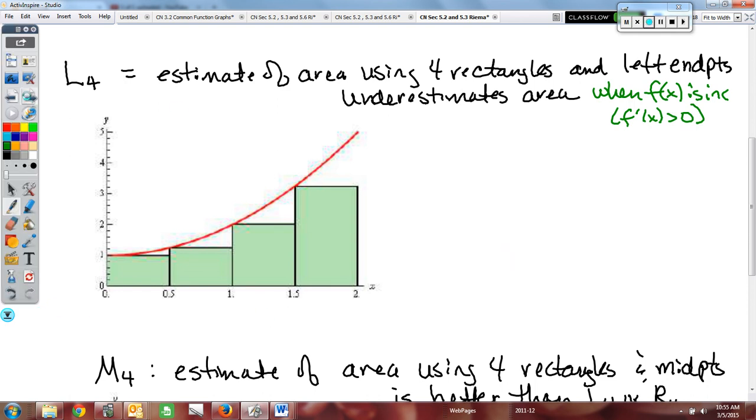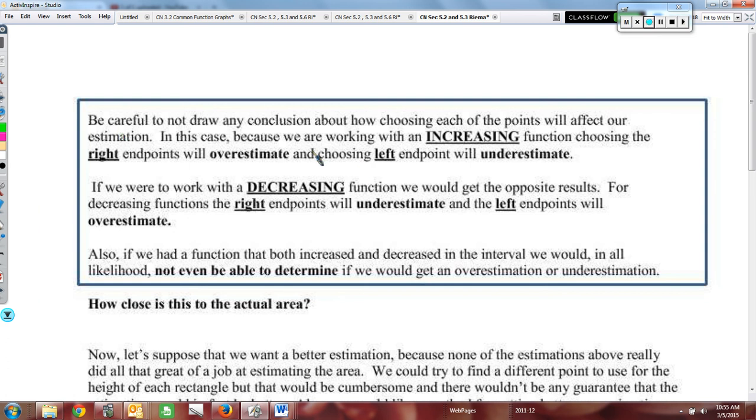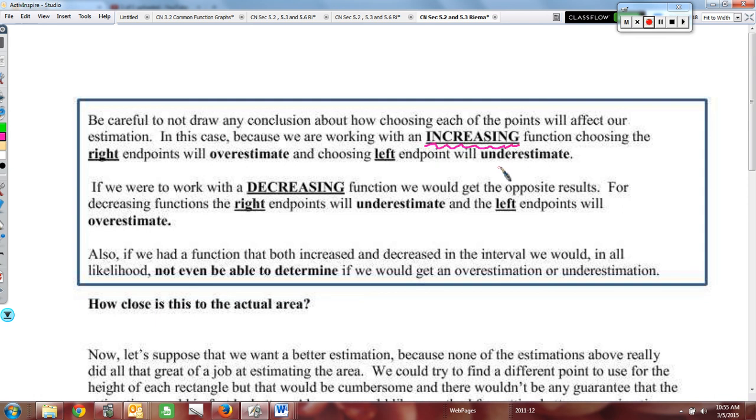Looking over on the next page, we want to be very careful not to draw conclusions about choosing the points to affect our estimation. If we know that we are working with a strictly monotonically increasing function, the right overestimates and the left underestimates. If we are working with a strictly decreasing function, then the right will underestimate and the left will overestimate.